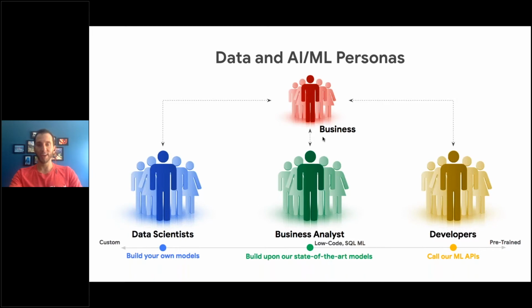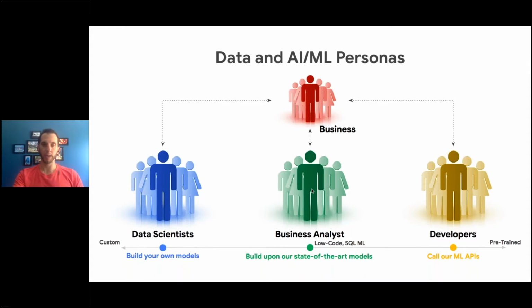Sometimes the business steps in and does some of this work. Sometimes there's no data scientist and there are only developers building the product. Sometimes there's a fully mature data science team. So depending on where you are in the journey and what your team looks like, there needs to be really high-powered, customized capabilities to build and train machine learning models and analytic solutions using code and deploy those.